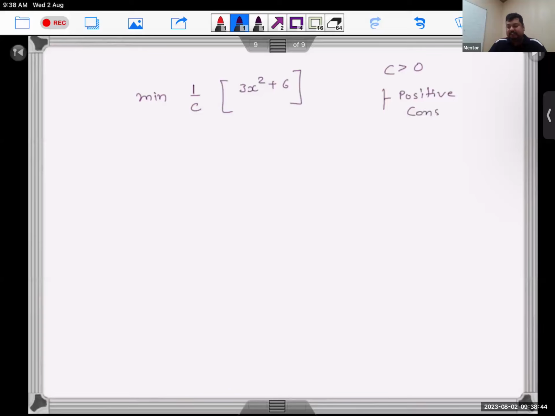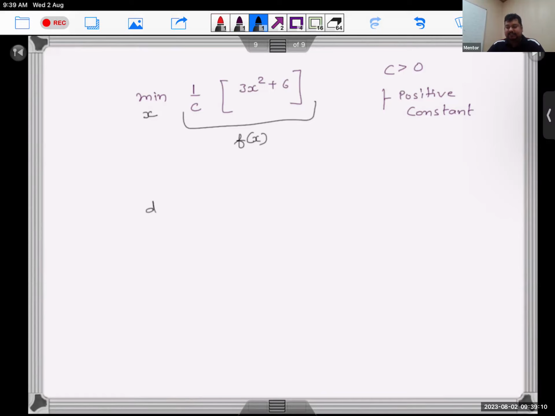Do you think the root changes? Please note that my objective is to find that value of x at which this f(x) is minimized. This is your f(x) now. How do you compute the root?